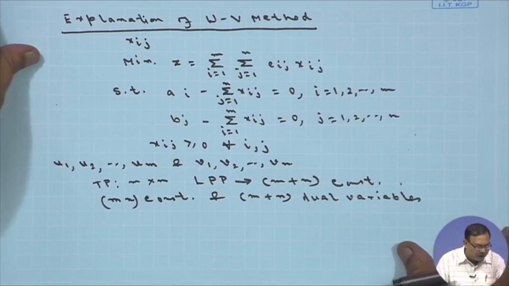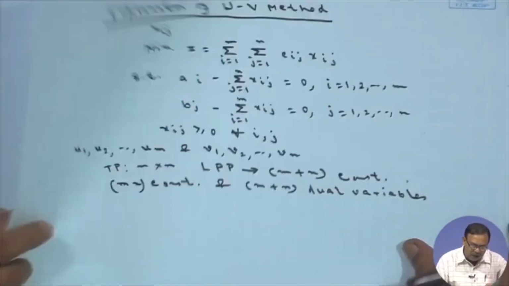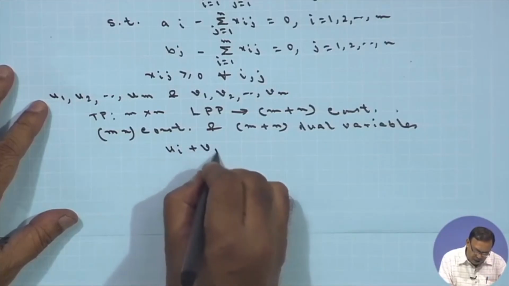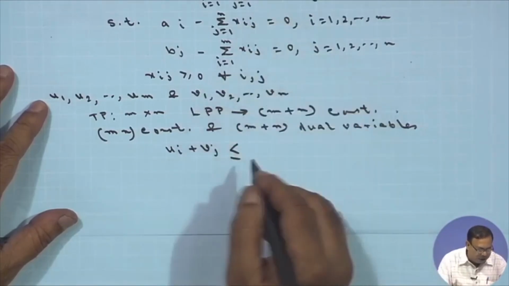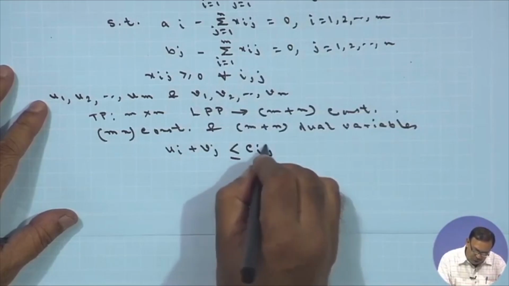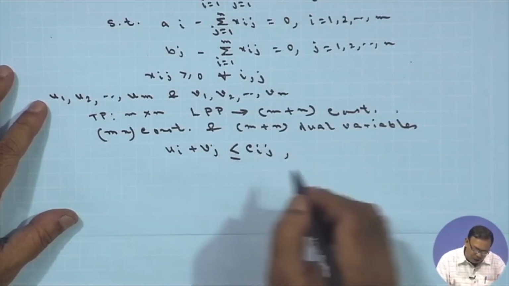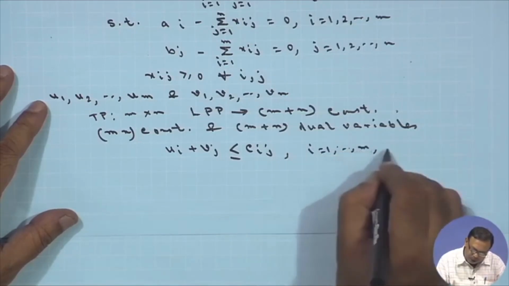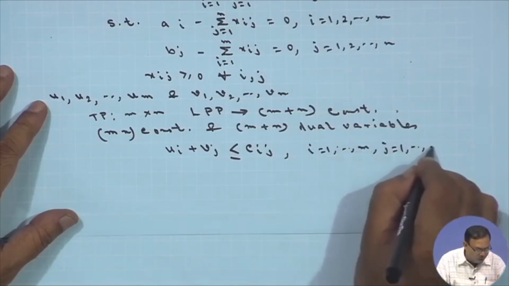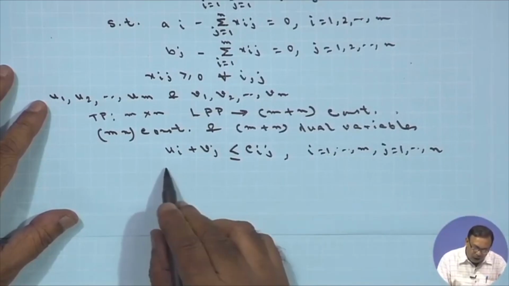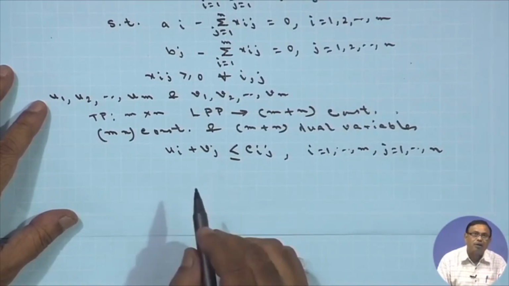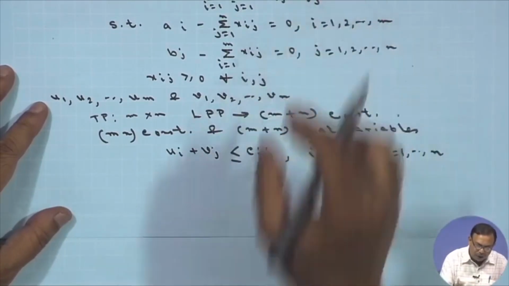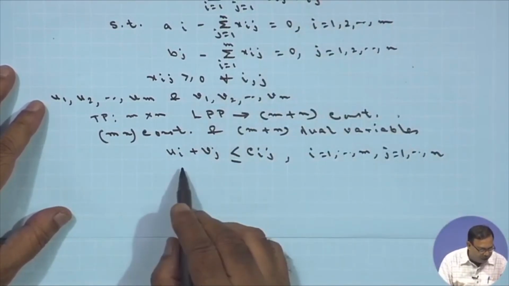The new constraint in this case will be u_i plus v_j less than or equal to c_ij, where i is from 1 to m, j is from 1 to n, and u_i and v_j are unrestricted in sign. We do not know the sign of these; from the duality theory itself we can tell.